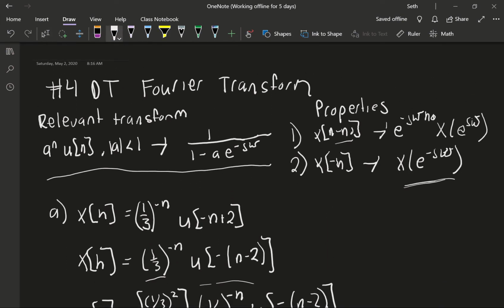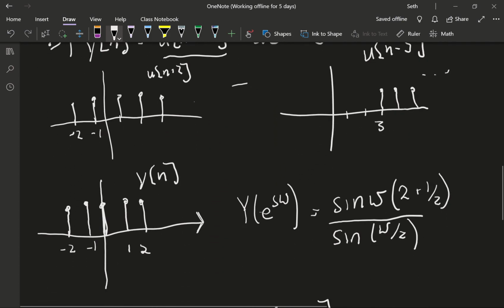And we know from A this is a time shift, which is a property of the Fourier transform, and it's just going to multiply the Fourier transform by e^(-j omega n naught), where n naught is the shift.